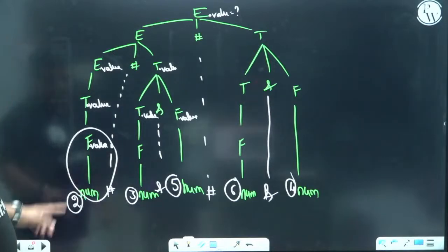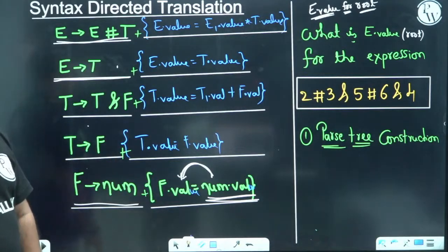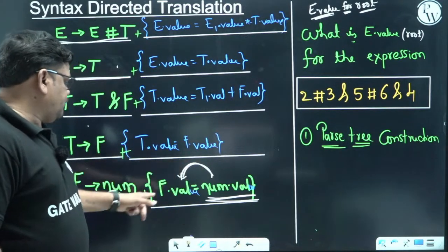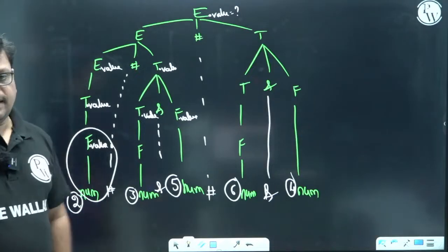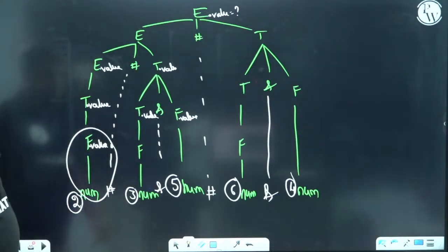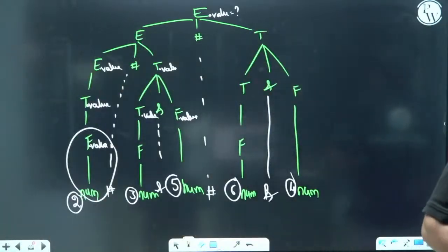Whenever we are using this production, this rule is executed. This rule is just assignment. So whatever the number value is there, number value is nothing but 2. So that is copied to F dot value.